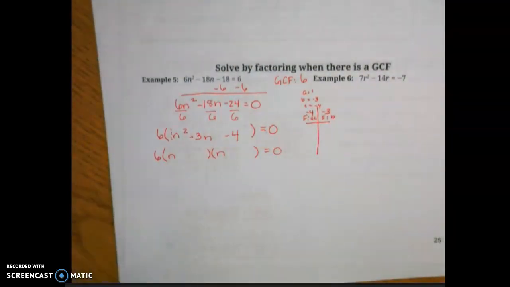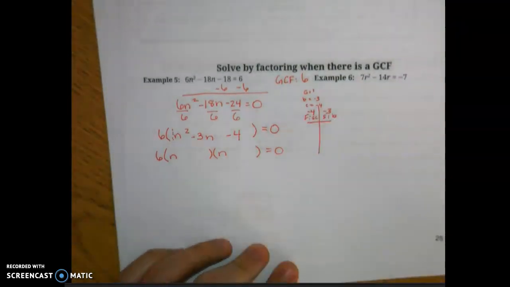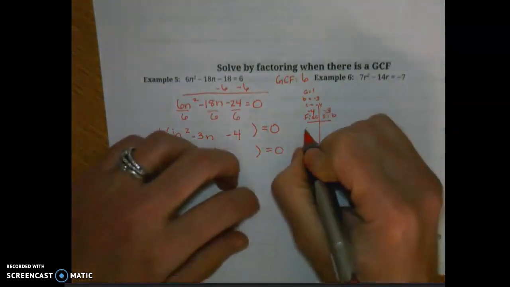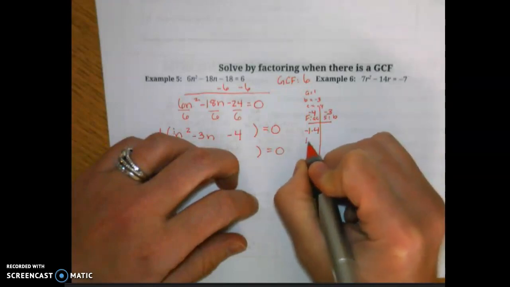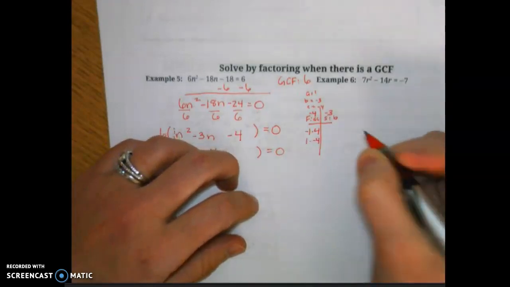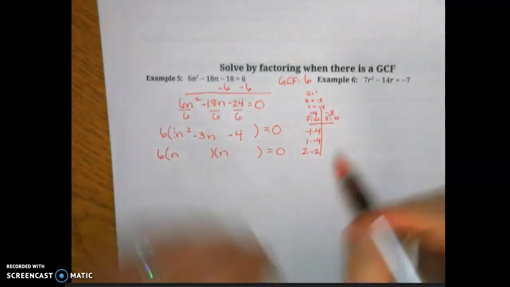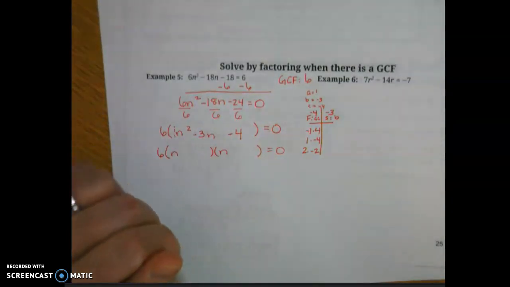Okay, so what that means is that I'm looking for 2 numbers that multiply to negative 4 and add to negative 3. So think of your factors of negative 4. You could have 1 times negative 4, or negative 1 times 4, or 2 times negative 2. Okay, so check by adding all of those to see which ones add up to negative 3.